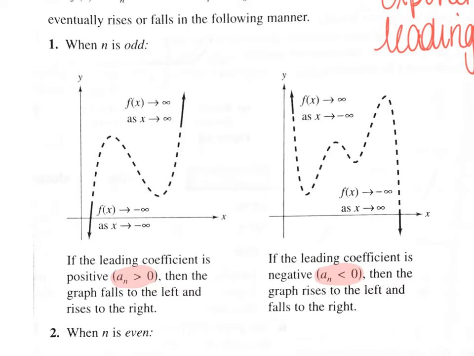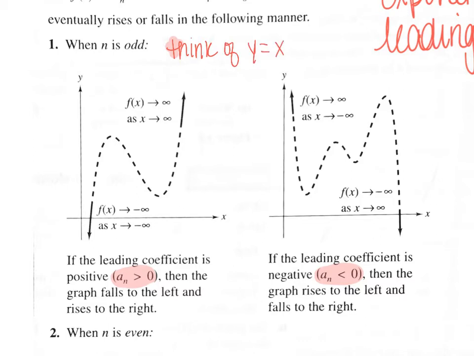If you can remember the easiest function that has an odd degree, you can remember what's going on here. The easiest function that has an odd degree is a line, right? X to the first, that's an odd number. So when you write that out, think of y equals x, that's an odd exponent.